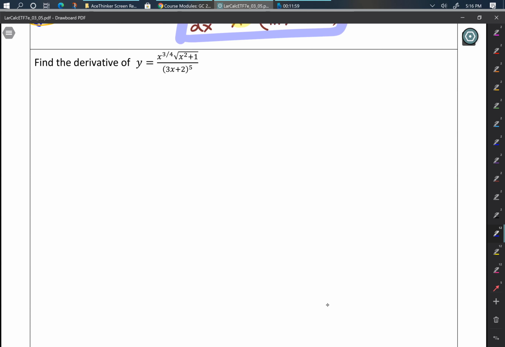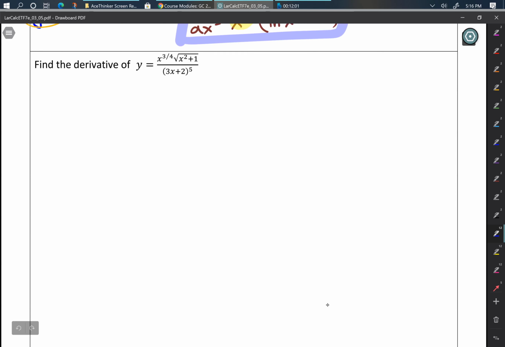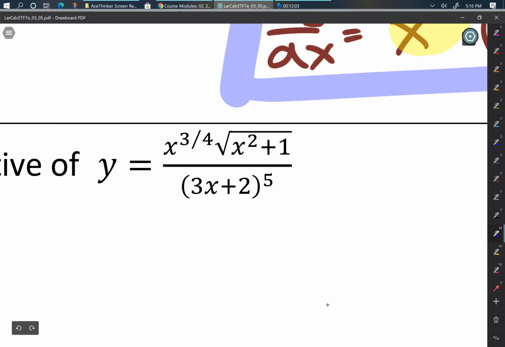I could take the derivative of this as it sits, but that is going to require a product rule and a chain rule in the numerator, a chain rule in the denominator, and a quotient rule all together.